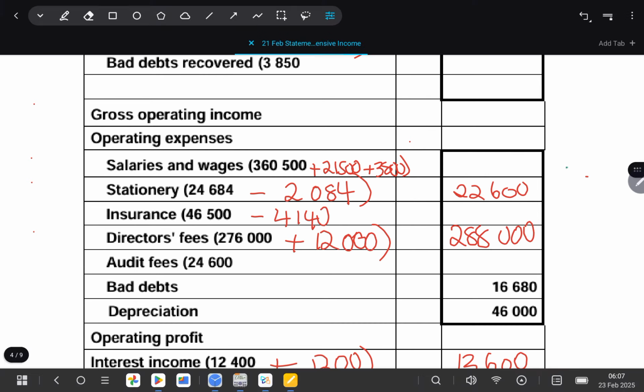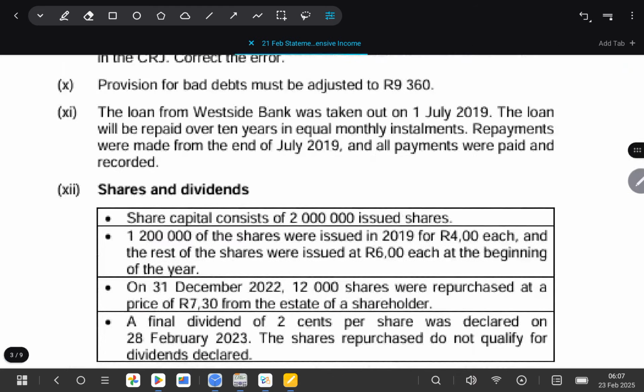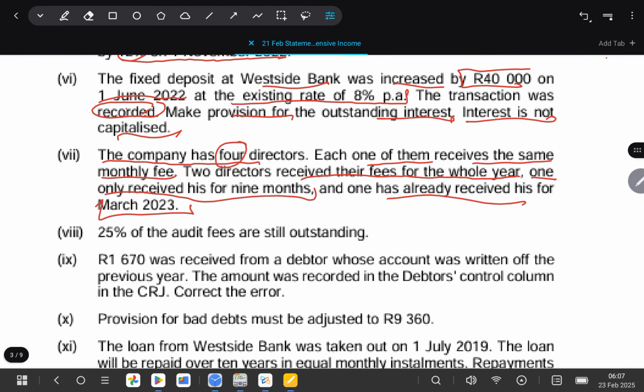Okay, now let's go to the next one. What are they saying to us? Audit fees are still outstanding. So if 25% of the audit fees is still outstanding, it means we've only paid 75%. Okay, so let's check what is the audit fee.